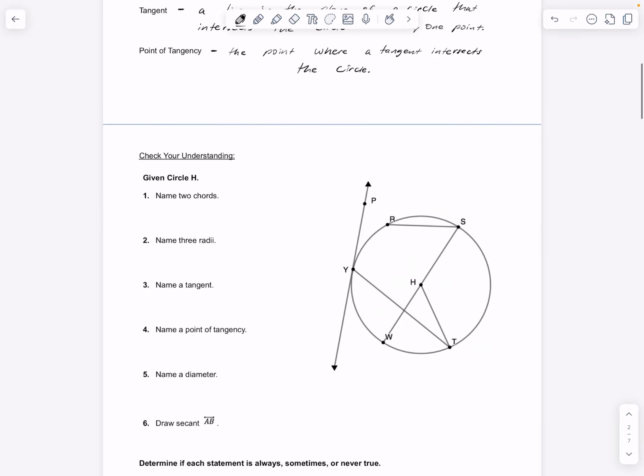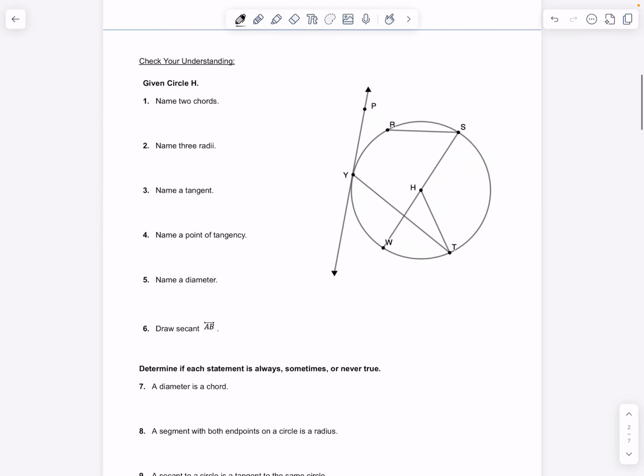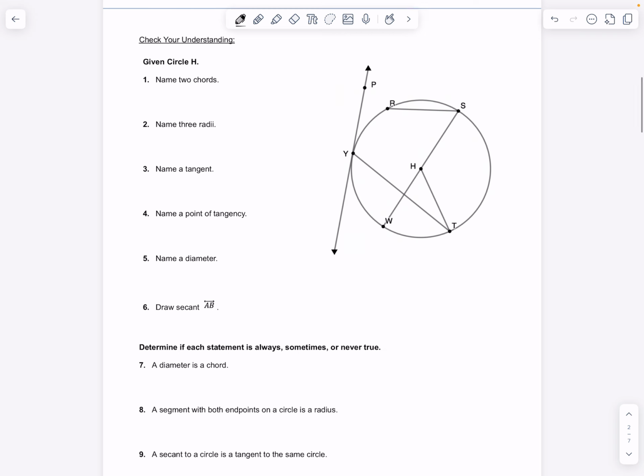Okay, so let's do some of these. This will go pretty quickly for this first page. So name two chords. All right, so I see chord RS is a chord, that segment, as well as YT. Right, those are segments that have endpoints on the circle. 3 radii, okay, so they have to include the center of the circle, which is circle H. So I'm going to do HW, then I see HT, and I see HS.